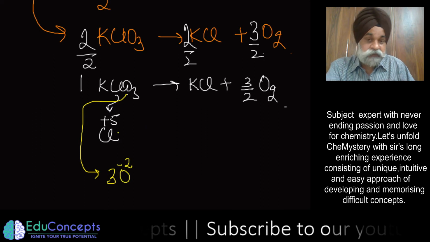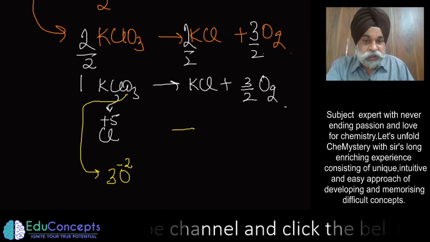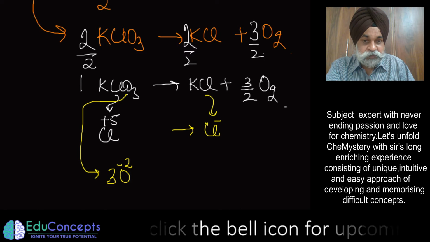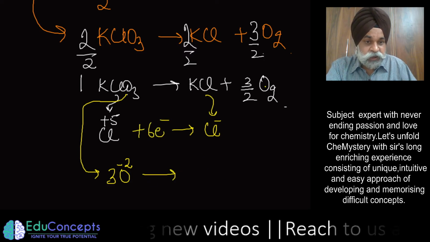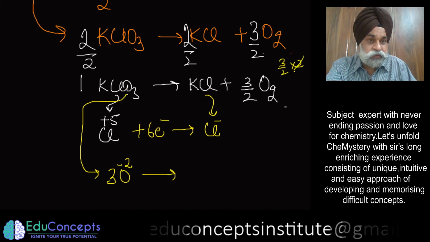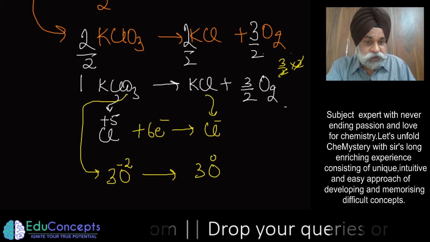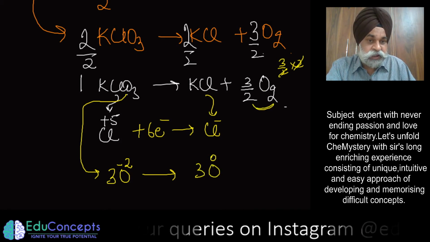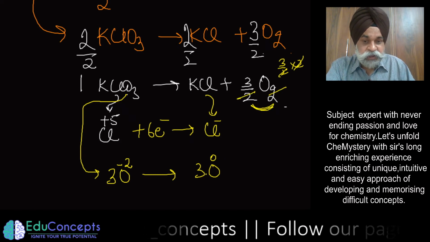So this chlorine, which is 1 in 1 mole, is going to Cl⁻ by taking 6 electrons, and now what is this 3/2 O2? So 3/2 into 2, that simply is 3 oxygen atoms of 0 oxidation state. Could you understand this? 2 got cancelled with 2, so you have 3 oxygen atoms theoretically.